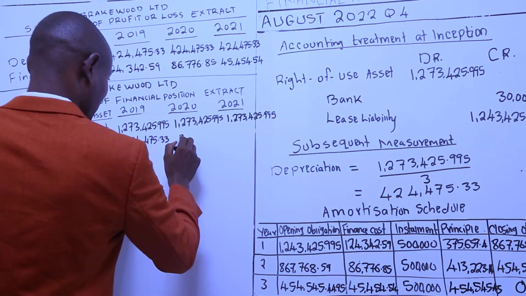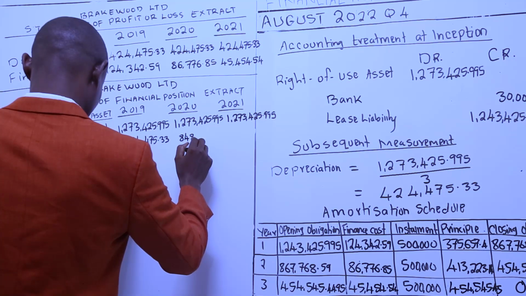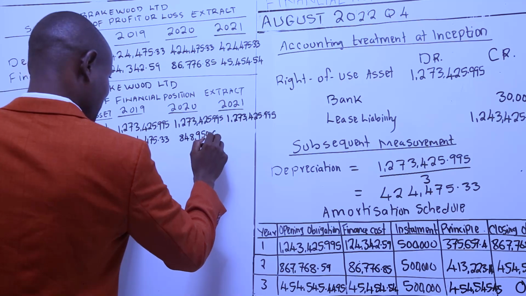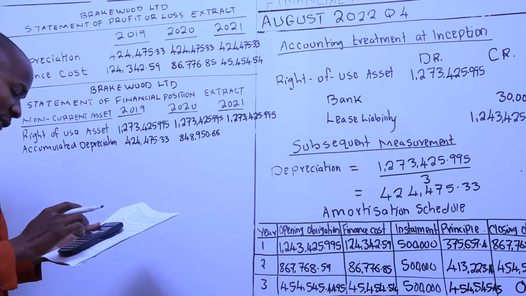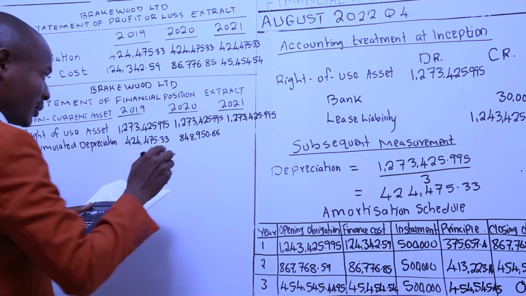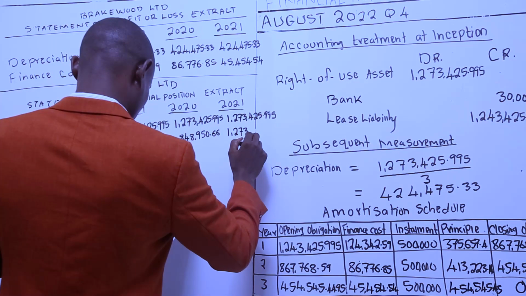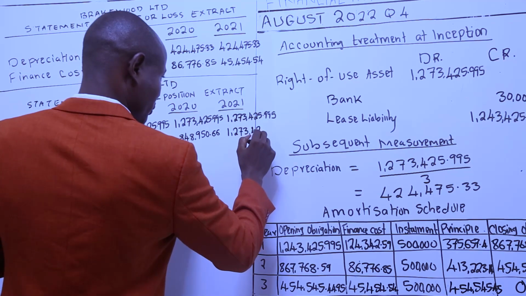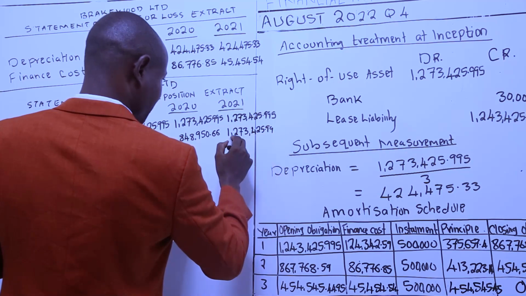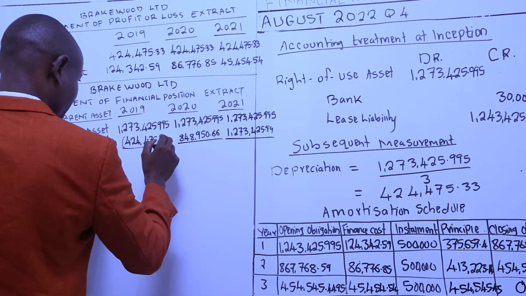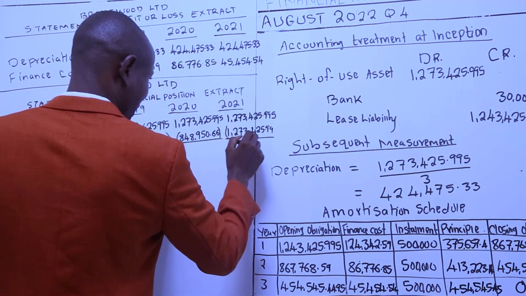This is 848,950.66. What if we multiply with 3? It is 1,273,425.99. So that would be accumulated depreciation, which will be deducted.